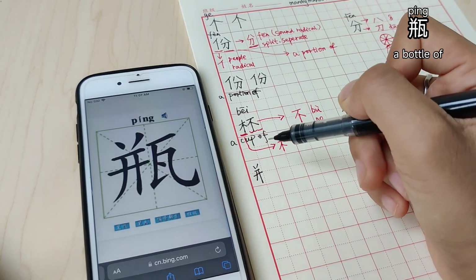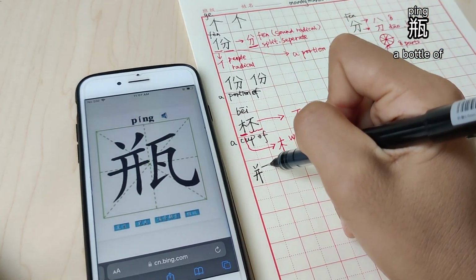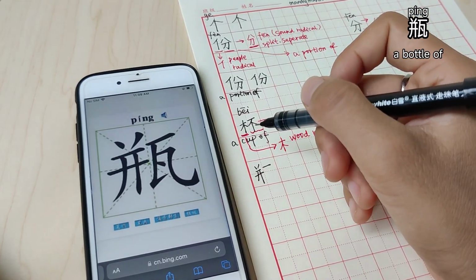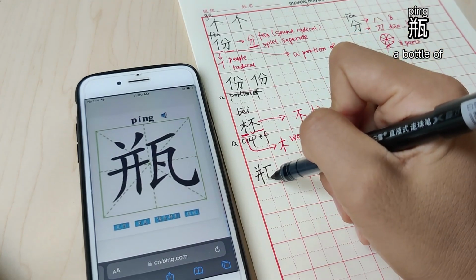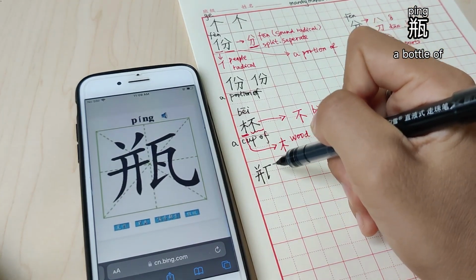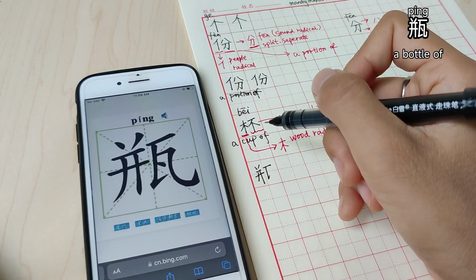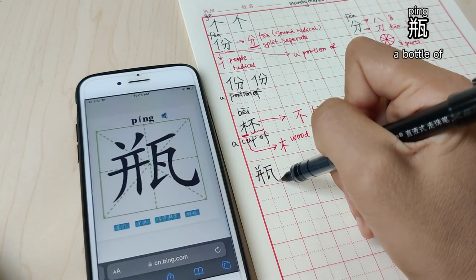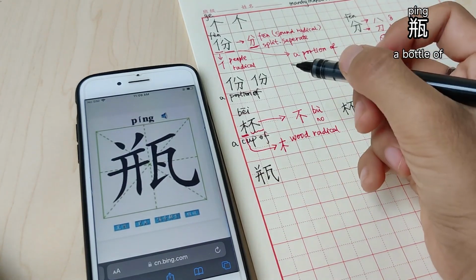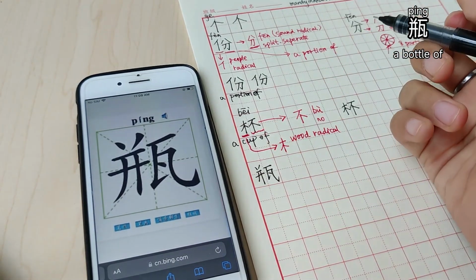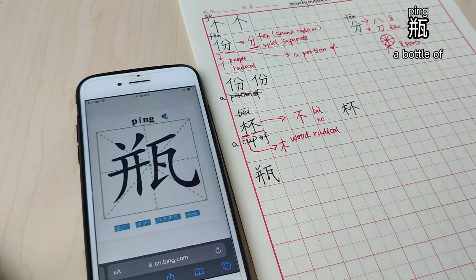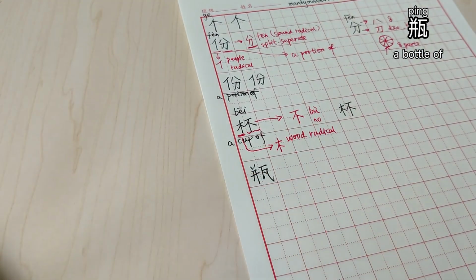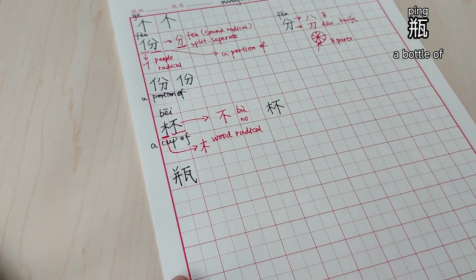And as for the right part, we go 1, and then a hook in this direction, and then the big stroke. And then a dot in the middle. Very good.